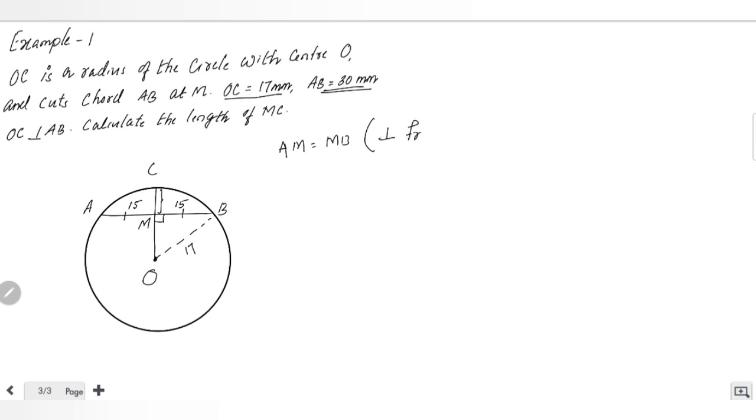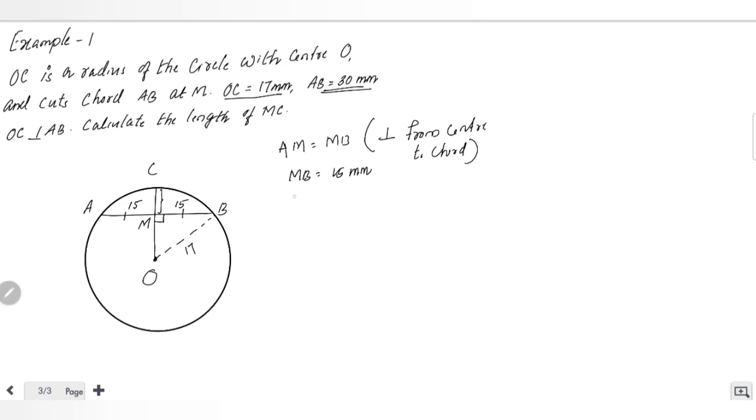Perpendicular from center to chord. That is the first theorem, isn't it? That is why the results are very important, which means MB is equal to what? 15 millimeter. Is it clear? And I constructed OB.